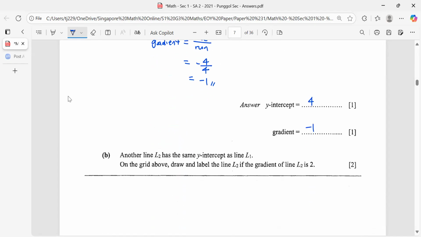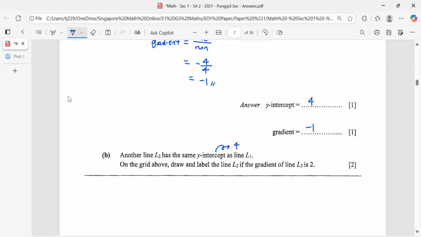Moving on, another line L2 has the same y-intercept as L1. Same y-intercept means that if we were to compare with the answer in part A, it's 4, right? It passes through y equals 4.